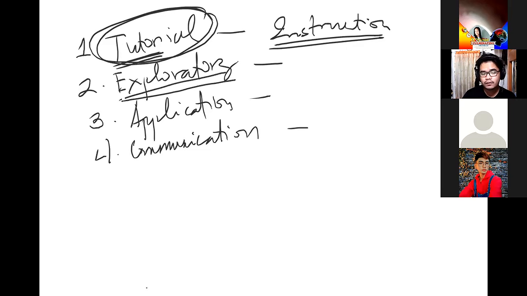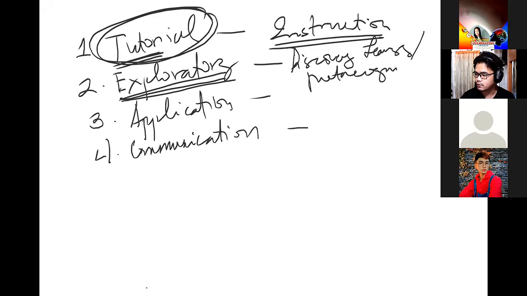Now, what about exploratory? Educational technology is used also to help our learners explore their learning. It can be used for discovery learning, or it could be used for metacognition. Anong ibig sabihin nito? The learner can use educational technology as an aid for his or her learning.